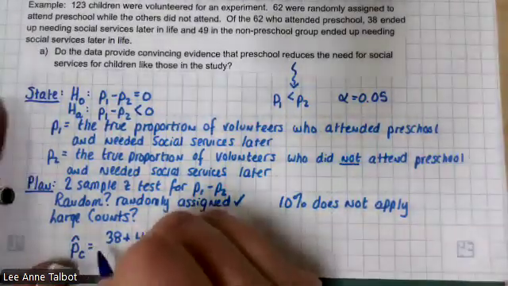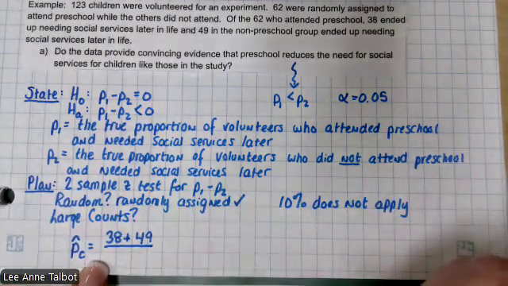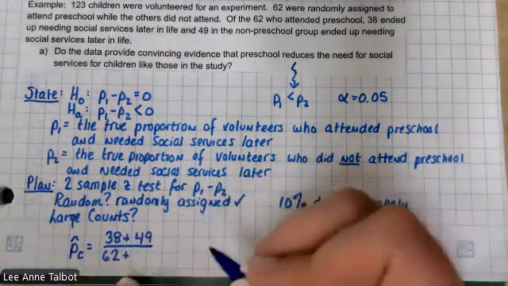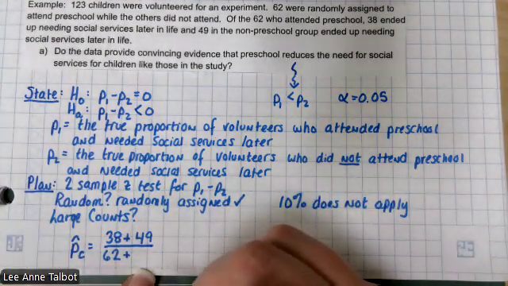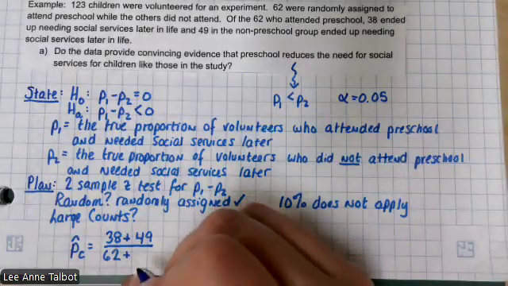Okay, over. What's the total amount in the first sample? 62. Total amount in the second sample, 61. It's 61, right? Yeah. Okay.